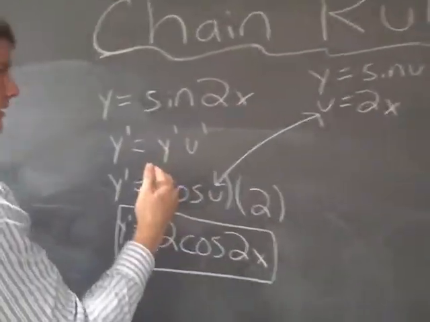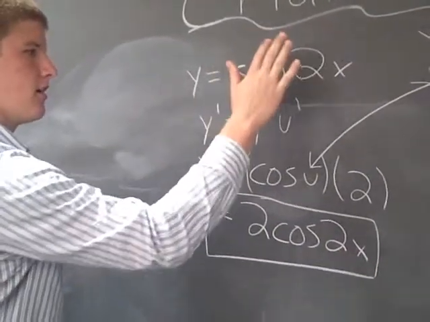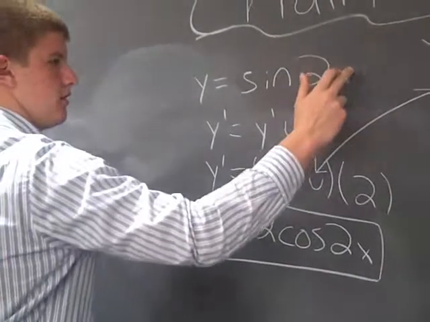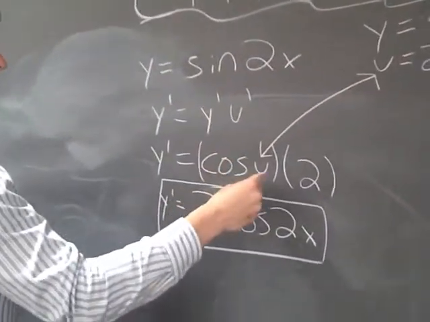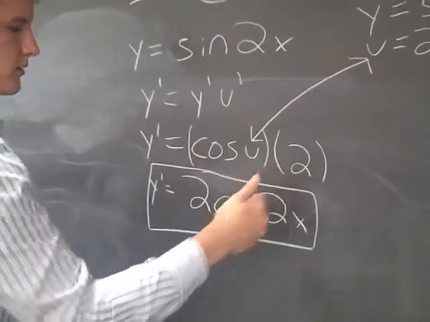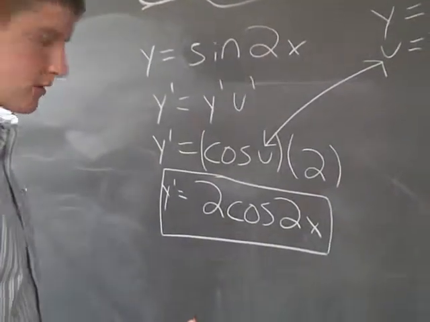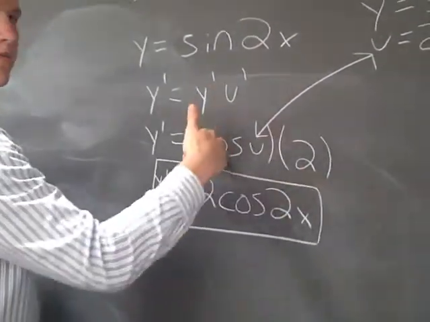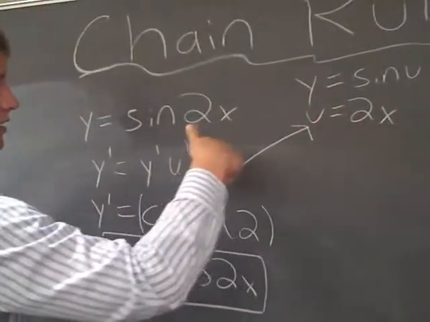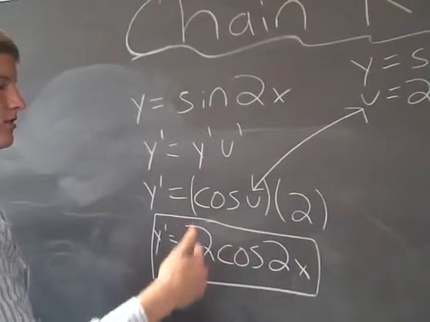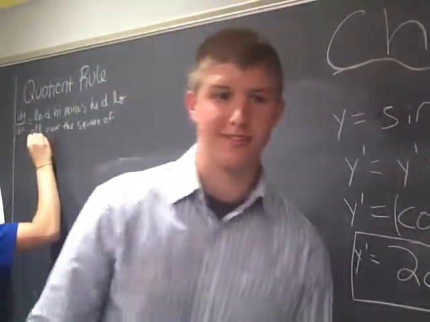So we're just gonna plug it in. You got cosine of u times 2. Miss Klein's always fussing about making it cleaner, so I'm gonna do it cleaner for you. You got the 2, so you put that up front, and cosine of u. But we already know that u is 2x, so you plug that right back in. So you got 2 cosine of 2x. That's your answer. Good luck and have fun with this one.